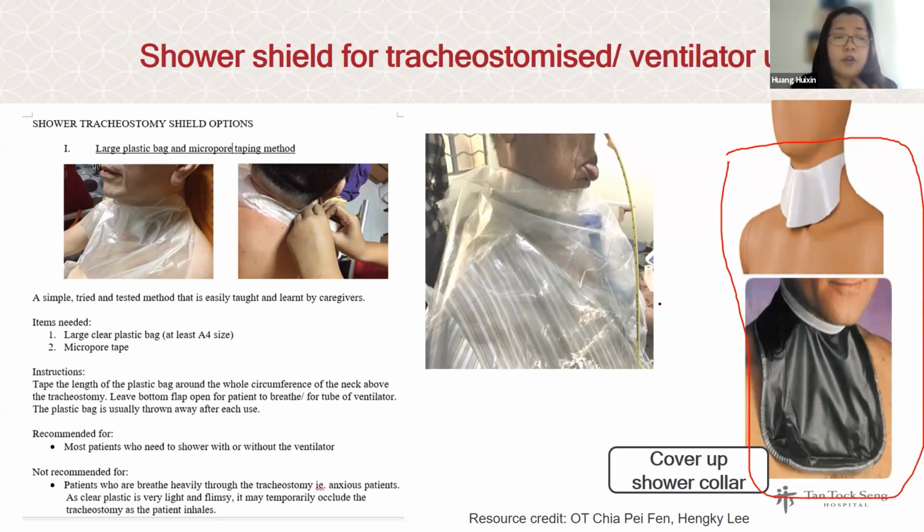So in fact, some of my colleagues explore different ways of taping up to protect the trachea during showers, by using a large plastic bag and alcohol to tape around the neck, and making sure that everything is well covered up for patients during a shower. Okay, so this is how it looks.